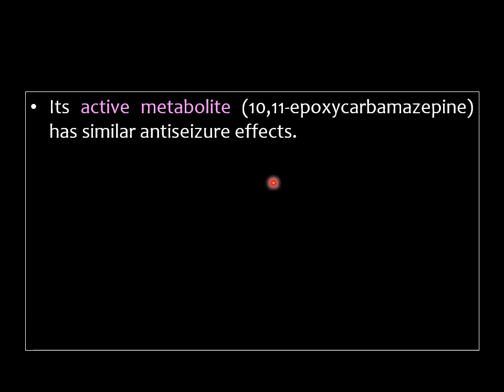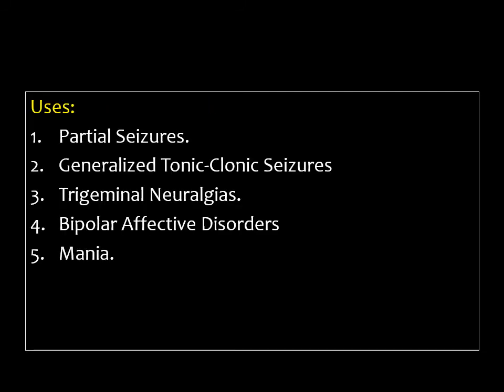It has one active metabolite, 10,11-epoxy carbamazepine, which has similar anti-seizure activity. So the anti-seizure activity may have a prolonged duration due to this active metabolite. Now, as far as the uses of carbamazepine are concerned, again, epileptic and non-epileptic uses.